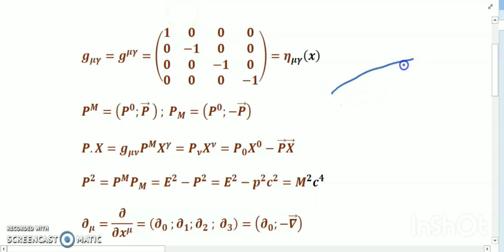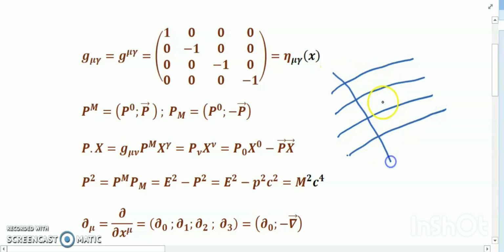This is the diagram. It is homeomorphic to a four-dimensional manifold. Four dimensions means R to the power 4. Every spacetime point can be labeled.